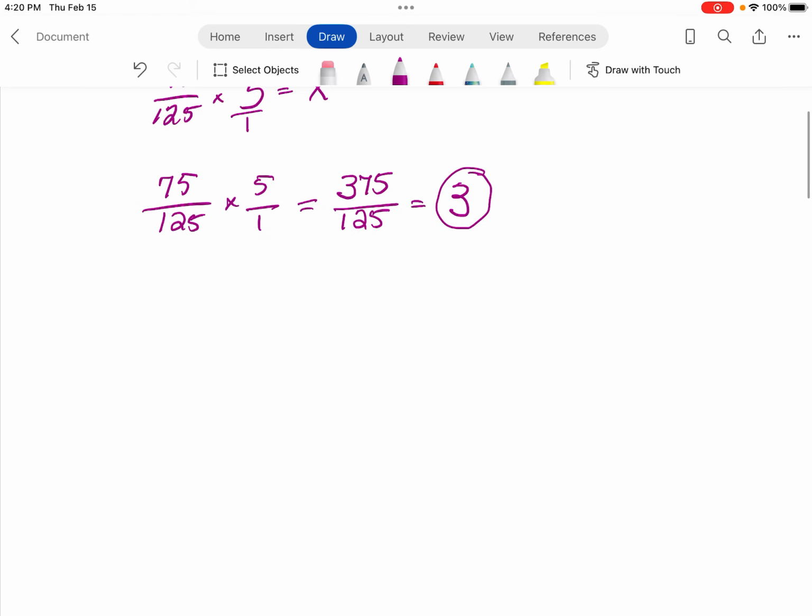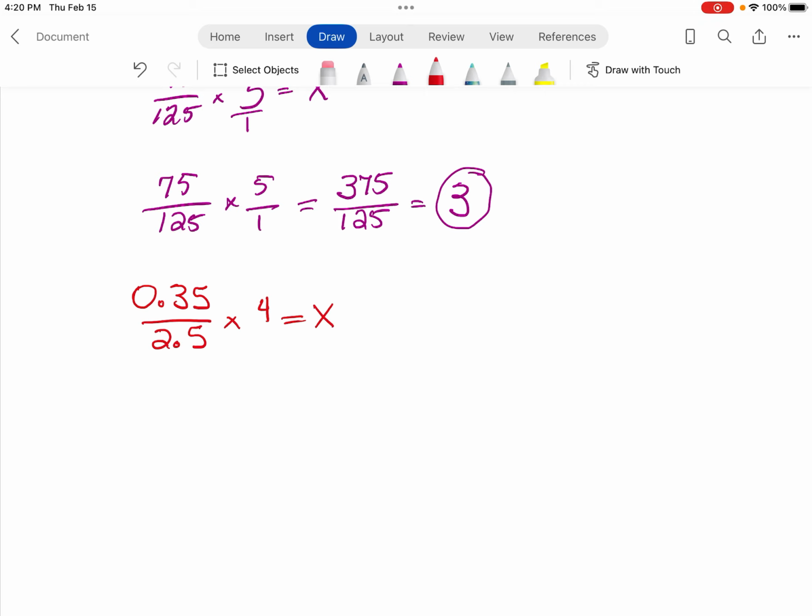To do one that's just a little bit more difficult, I'll use that word, let's look at the same type of problem. I'm going to change colors here so I can show it. 0.35 over 2.5 times 4 equals x.